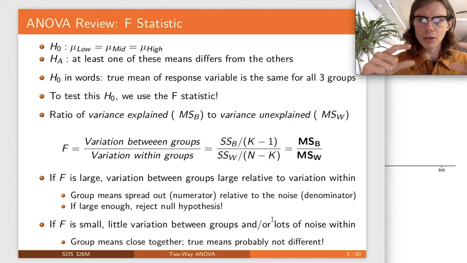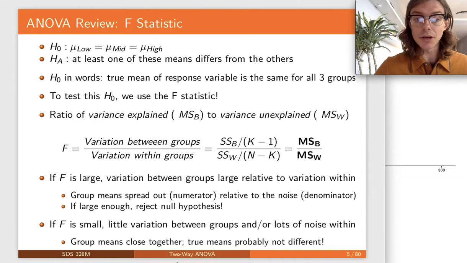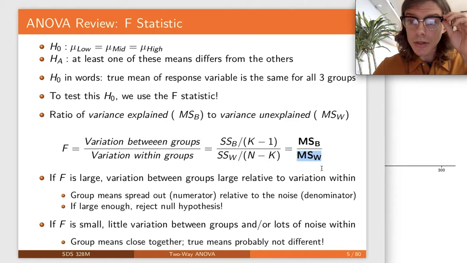If your groups don't have that much noise, then the differences in means can be smaller. Either way, that's just the difference between making the numerator bigger. If you make the numerator bigger, F gets bigger. So if you're making the signal bigger, how spread out the groups are, F will get bigger. If you make the denominator smaller, if you decrease the noise in each group, that also makes F get bigger. So these two things are sort of working together.